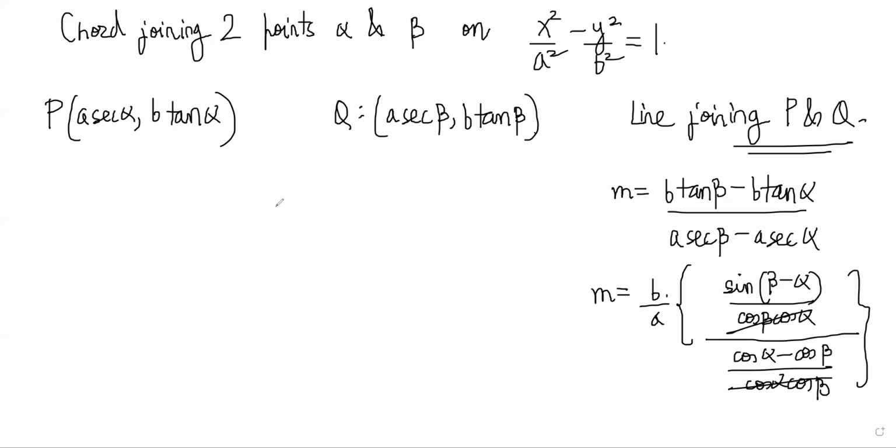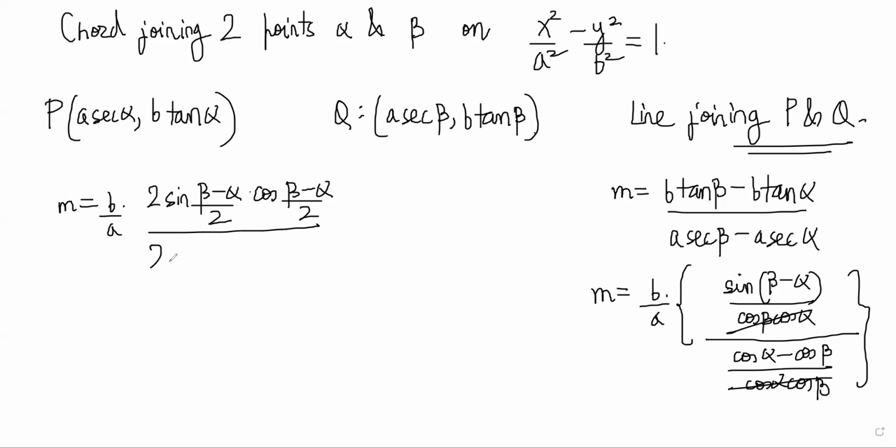Now you can simplify this by using half angle formulas. B by A, you can write the top part as 2 sine of (beta minus alpha) by 2 cos of (beta minus alpha) by 2, divided by cos C minus cos D, which is 2 sine of (C plus D) by 2, here (alpha plus beta) by 2, times sine of (D minus C) by 2.